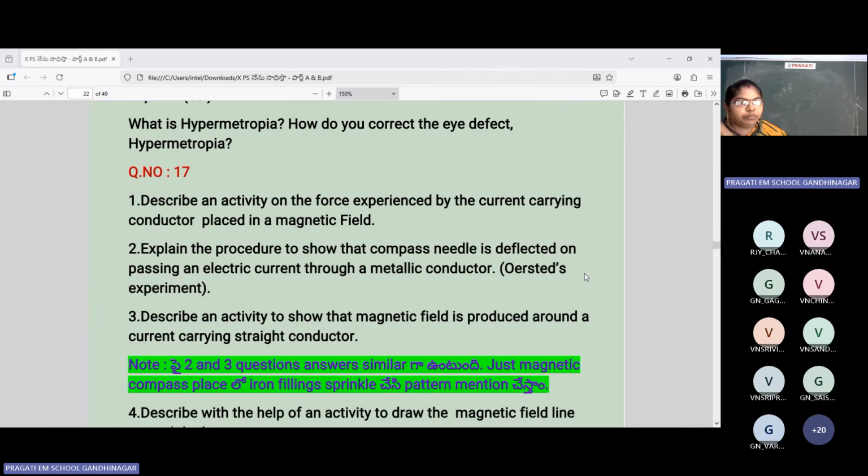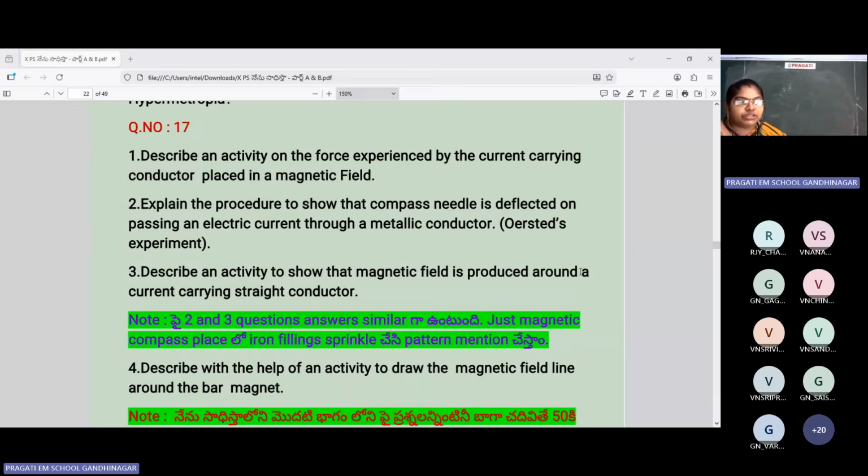These are all 8 marks questions we discussed yesterday from different lessons: light, refraction, human eye, and magnetic effects of electric current, electricity.